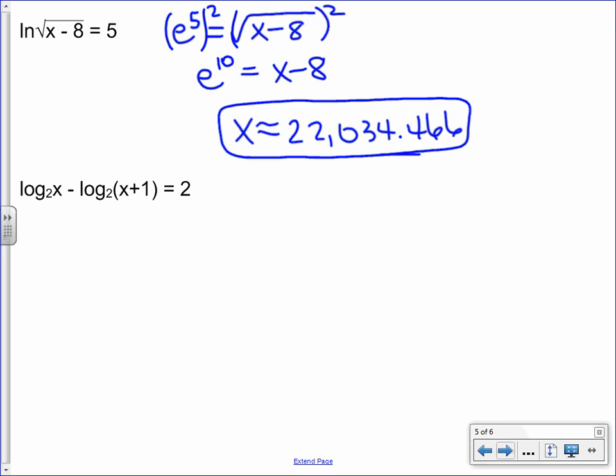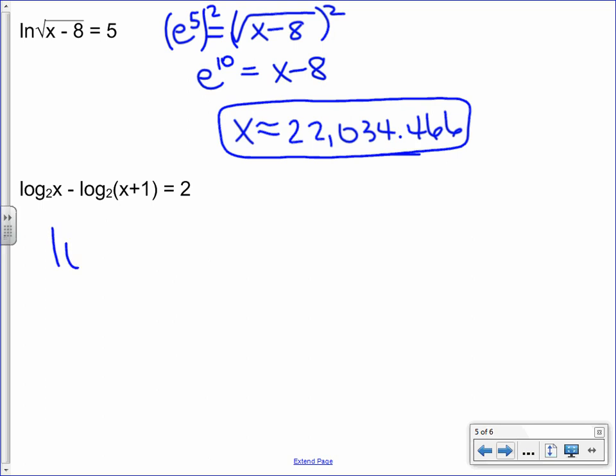Here's our next one. Look at it. Oh, Courtney, what did you say? They have the same base, and we're doing what with them? Oh, what can we do with that? We could condense these, right?